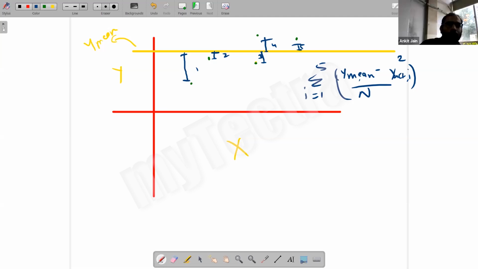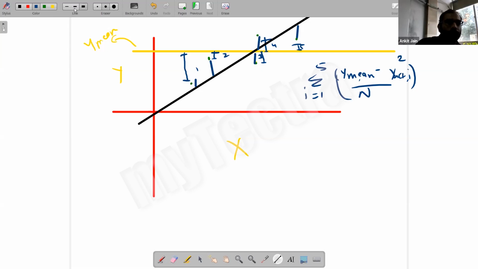Now let's make a regression line. Let's take the black one. So how will your regression line be? Something like this, right? What will be the variance in this case? It will be from here now. Yes. So if you see, the variance will reduce from the mean, right? Your variance will reduce from the mean.